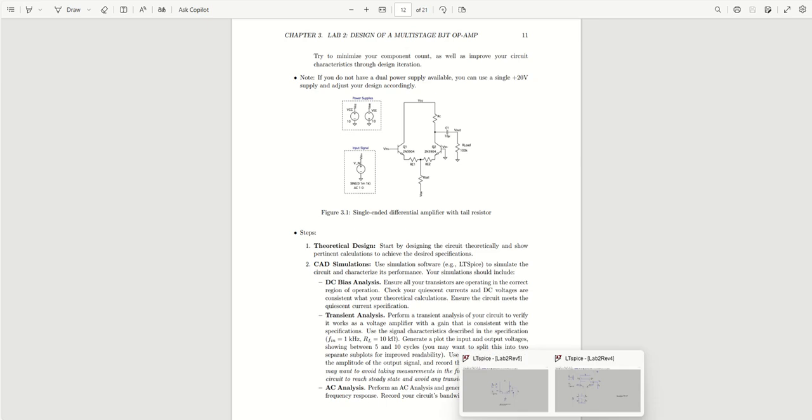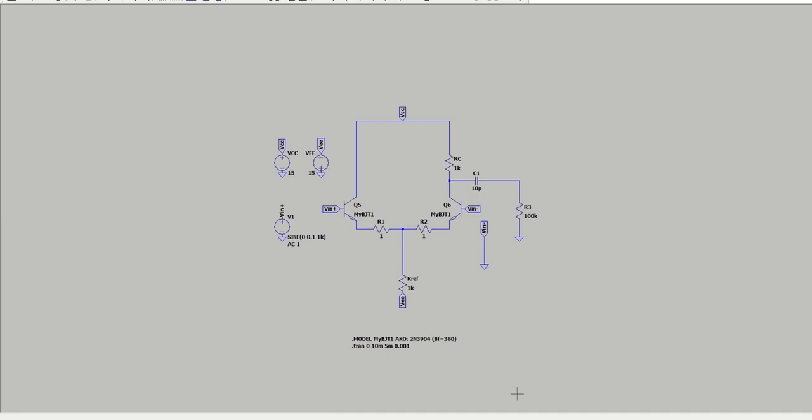I have my basic differential amplifier, and I wanted to show you that I'm using VCC and VEE of 15. So it's different than what the lab wants. The lab recommends 10 and -10, that's the specifications. So as you're going through your workbook activity and making your design, make sure you're using the correct specifications.